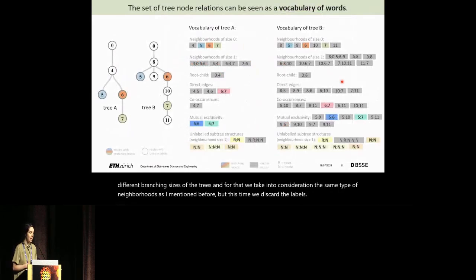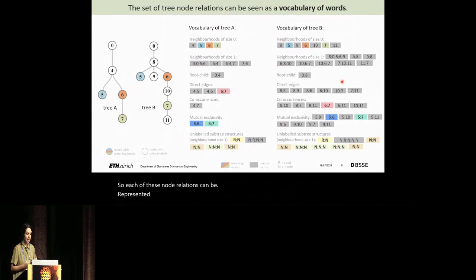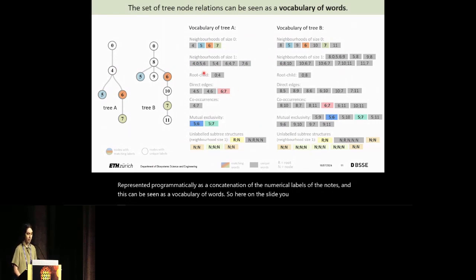Each of these node relations can be represented programmatically as a concatenation of the numerical labels of the nodes, and this can be seen as a vocabulary of words. Here on the slide, you see the vocabulary of node relations for two mutation trees, and what is matching between the two trees is highlighted with colors.